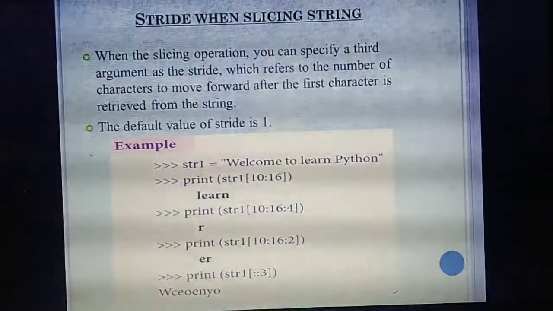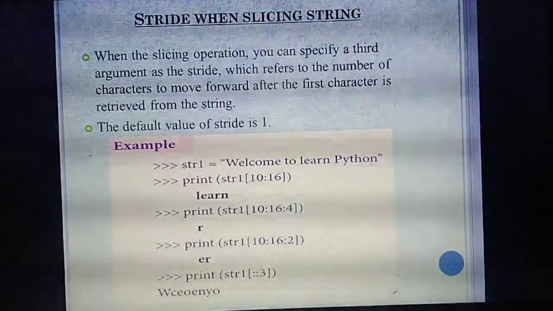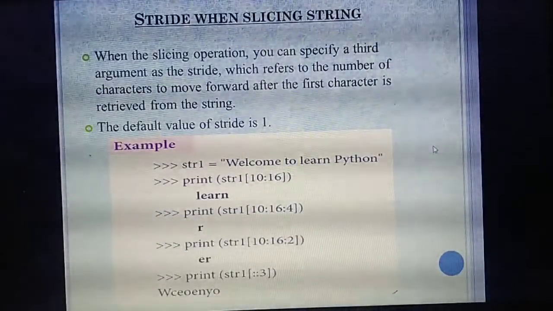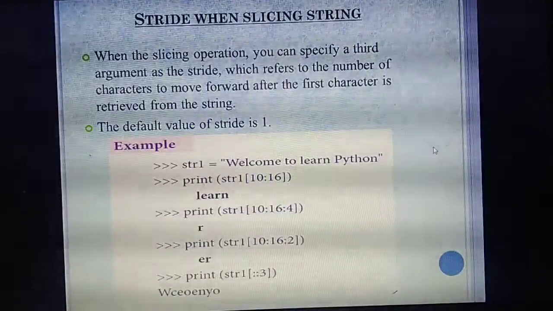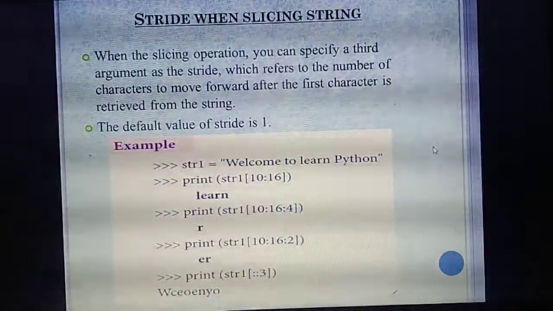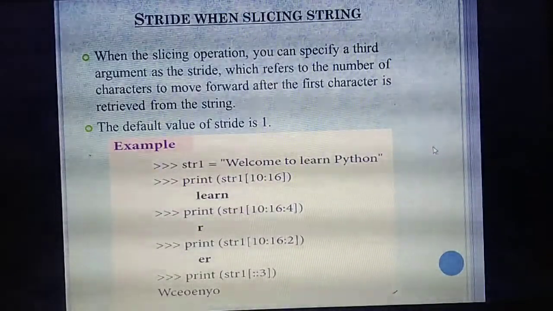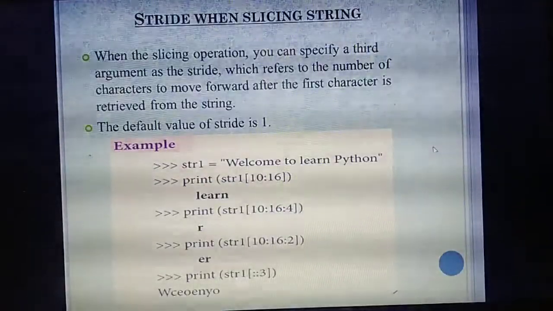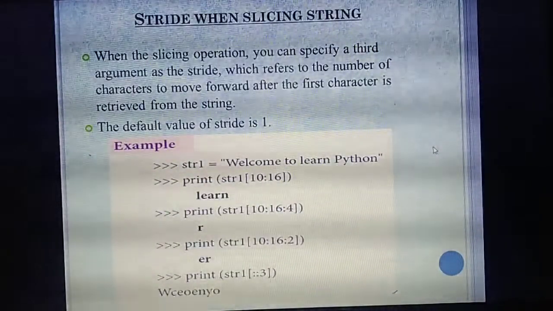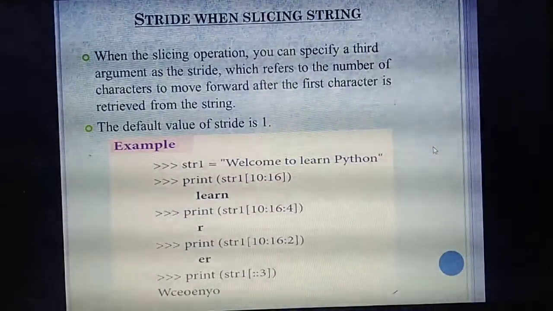In a variable str1, you are giving one sentence: Welcome to learn Python. First, all of you take your computer notebook or one piece of paper, take it fast, otherwise you will forget. Take a pen or pencil in your hand.